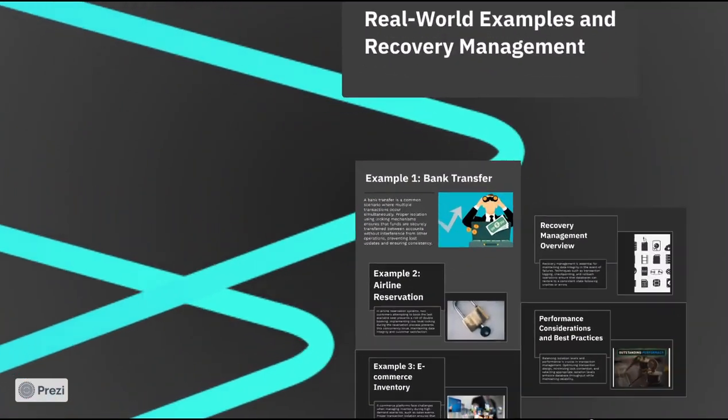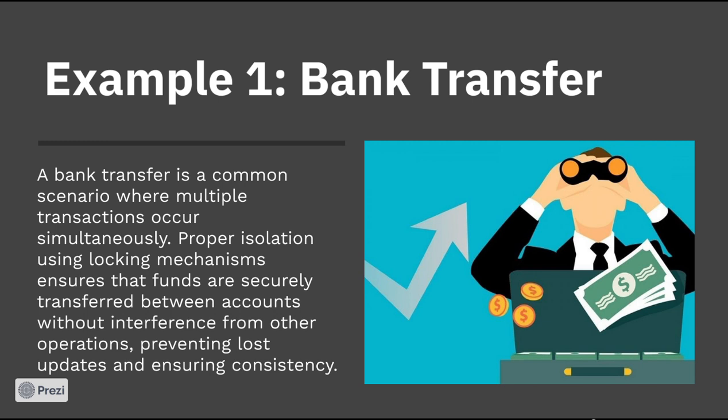A real world example: a bank transfer. Let's see these concepts in action. Imagine two transactions happening at the same time. Transaction 1 transfers 100 from account A to account B. Transaction 2 adds 50 rupees interest to account A. Without concurrency control, if both transactions read account A's balance as 1000 at the same time, transaction 1 would update it to 900 after deducting 100.